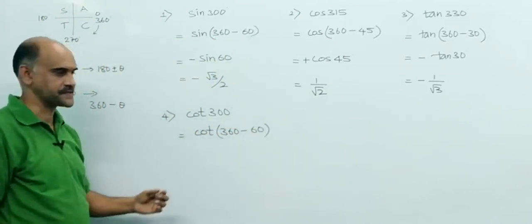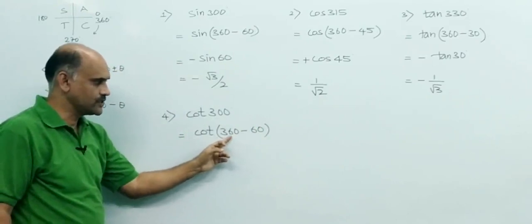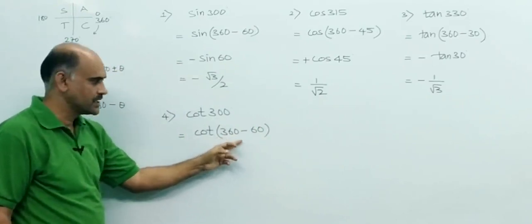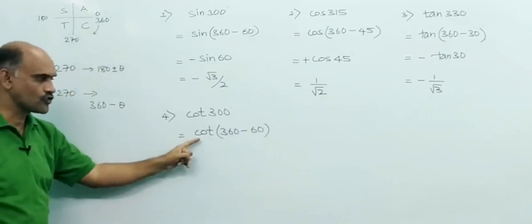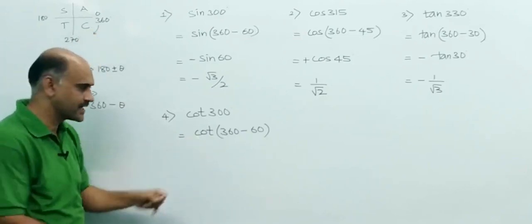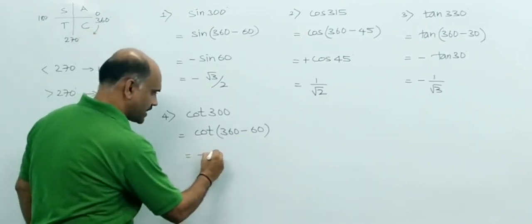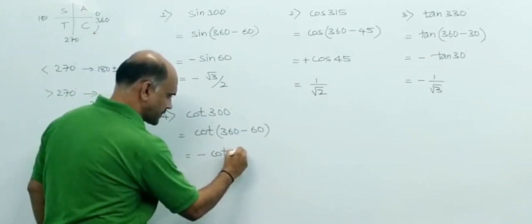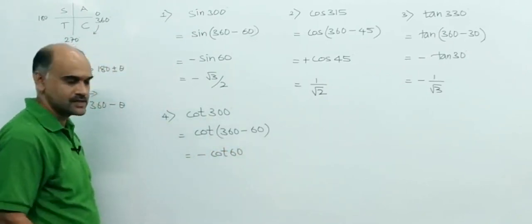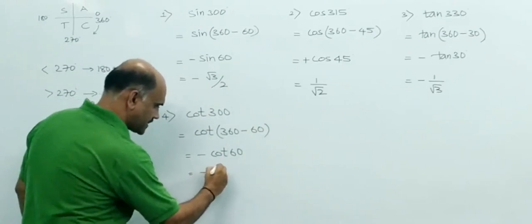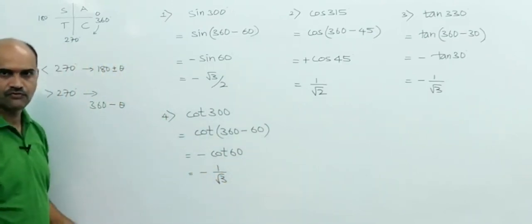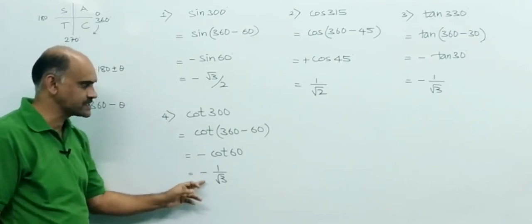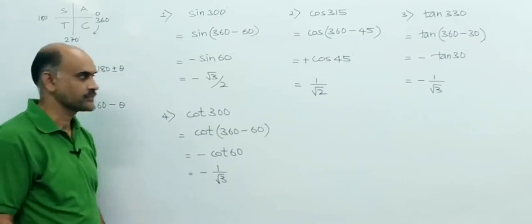Again you leave this 360. 360 minus means in the fourth quadrant. In the fourth quadrant, cot is negative. So you will have minus cot 60. Now substitute the value. Cot 60 is 1 by root 3, so minus 1 by root 3.